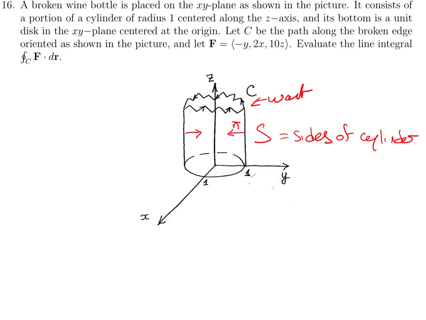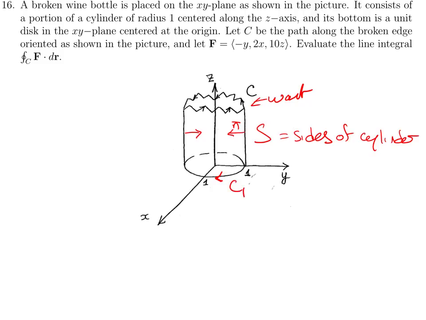But actually, I'm going to do something even slightly more clever. I'm only looking at the sides. I'm not looking at the base. So S actually has a boundary that consists of two pieces. The other piece is the circle at the bottom. And if you want to make this positively oriented, again, you want to be walking in such a way that if your head is pointing towards the normal, the surface to your left, it should be going counterclockwise.